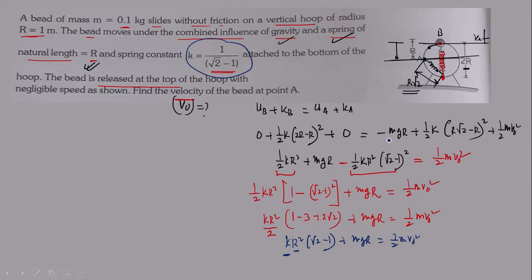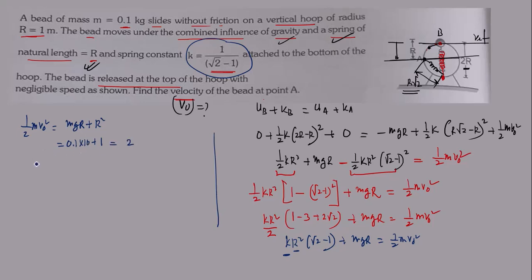So half m V naught square should be equal to mgR plus R square. Now put the value of R, which is 1, and m is 0.1. So 0.1 into 10 into 1 is 1, and 1 plus 1 means 2.